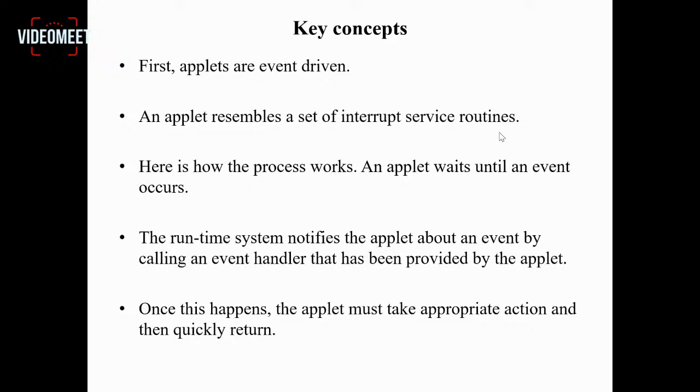So initially, the applet will be simply sitting idle, waiting for an event to occur. And whenever an event occurs, the applet will be notified that it has occurred. Then the applet responds to that event and takes an appropriate action, and then it will quickly return back to its idle position. So this is how an applet works.